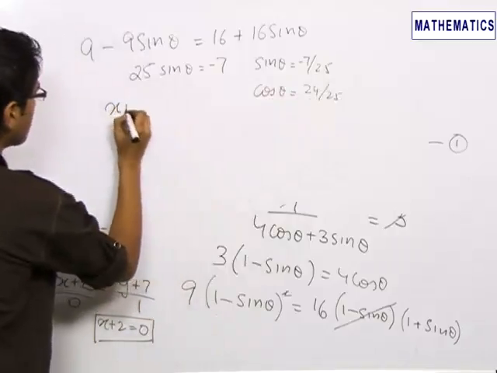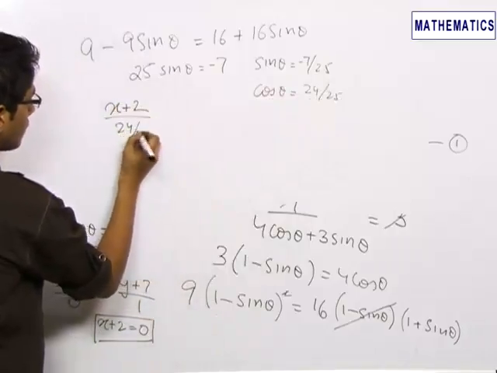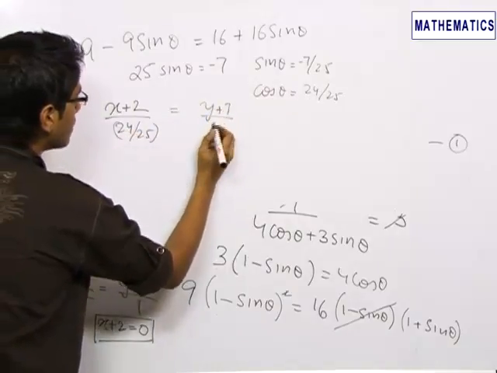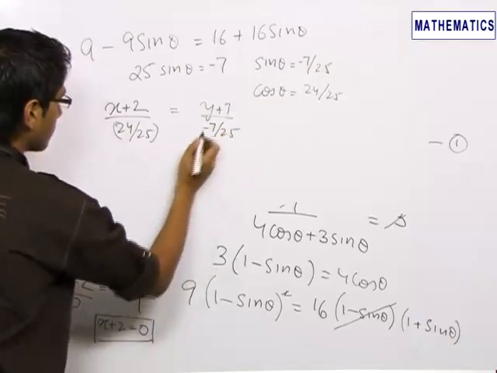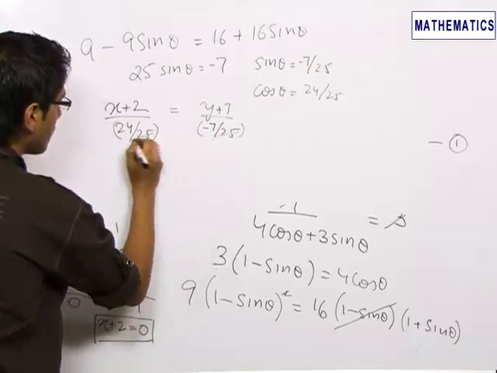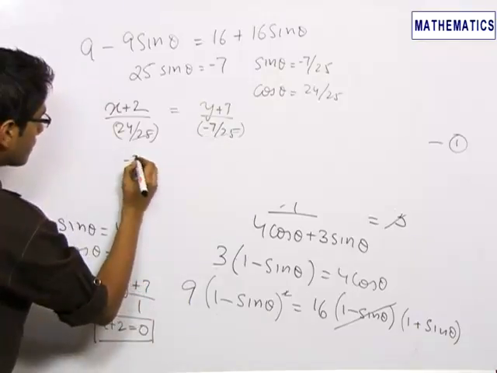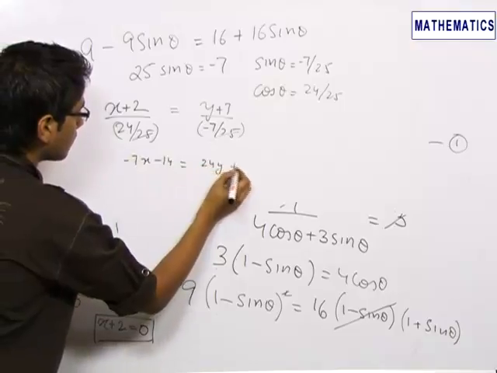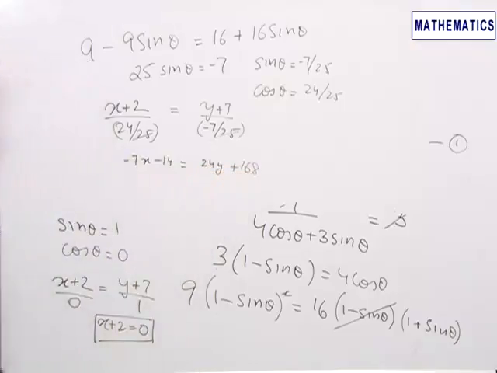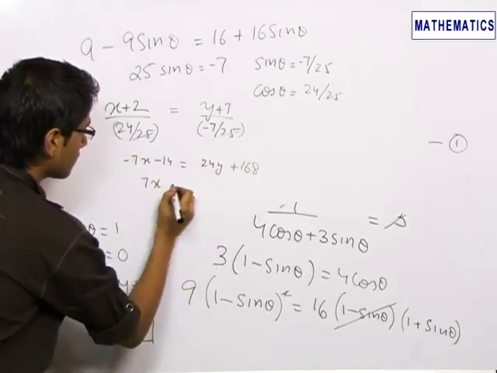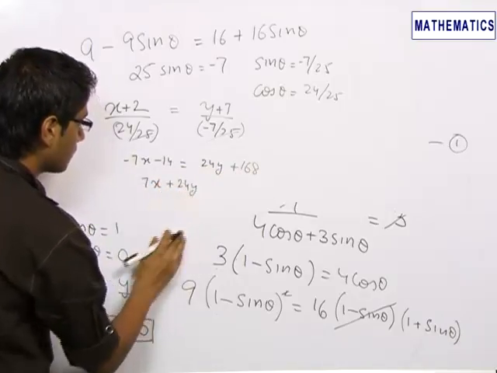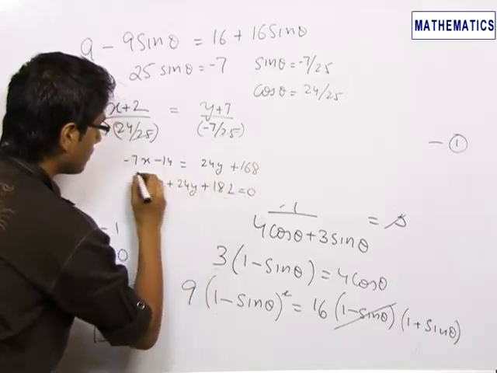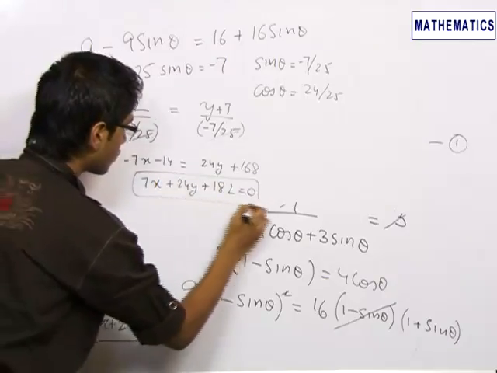So we can write (x + 2) upon cos theta, which is 24/25, equals (y + 7) upon sin theta, which is -7/25. On cancelling this 25 factor, we get -7x - 14 = 24y + 168, which gives us 7x + 24y + 182 = 0. So this can be our second equation of the line.